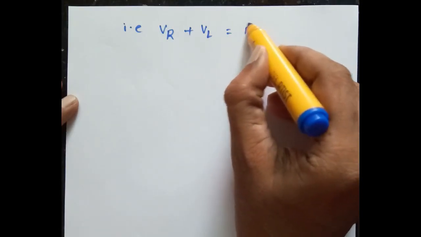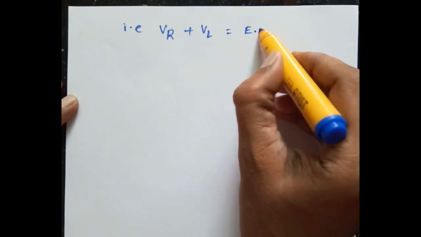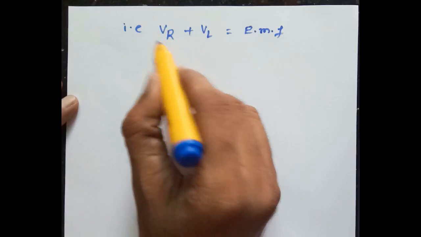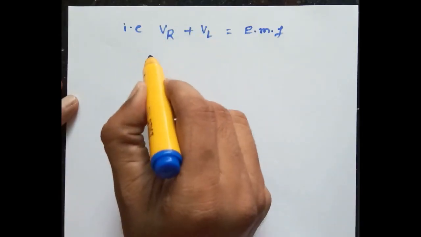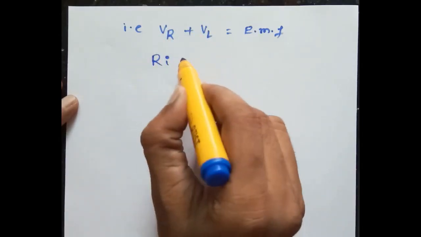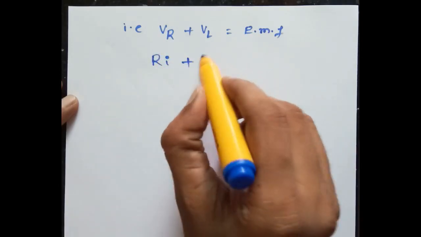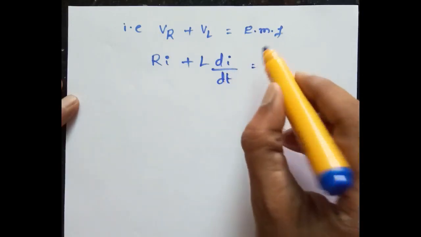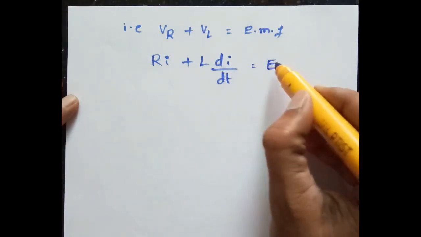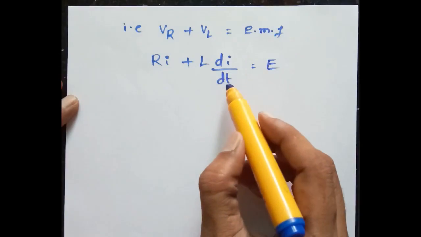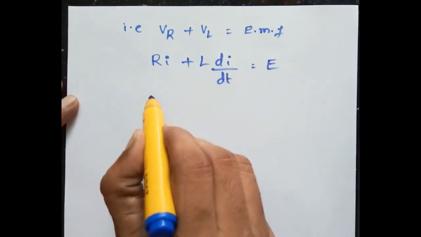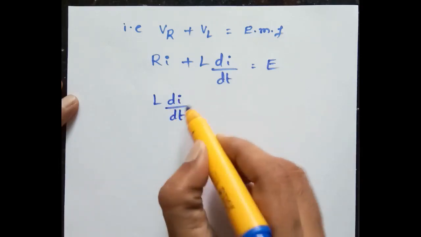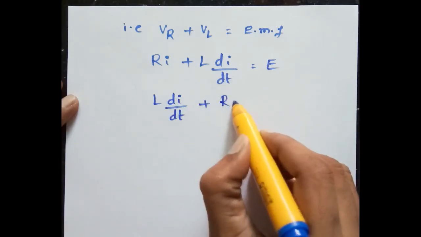Here the battery gives a constant E. Therefore, this can be written as L into di by dt plus R into I equal to E.